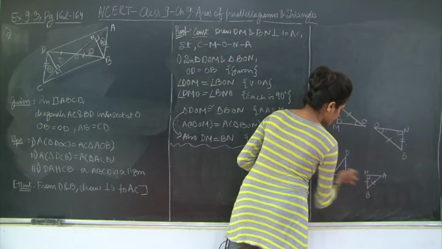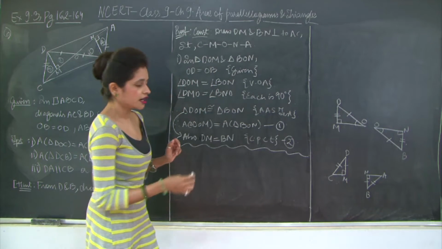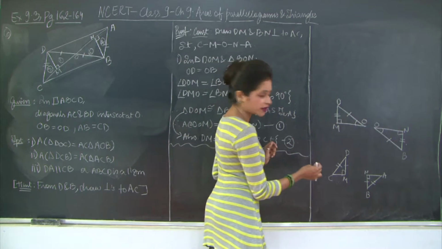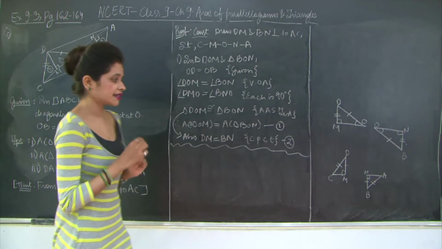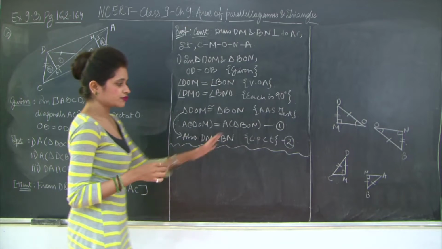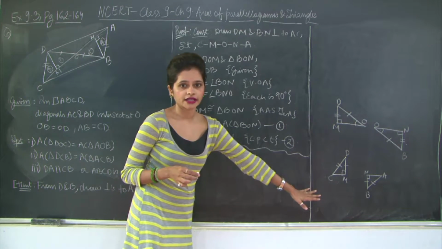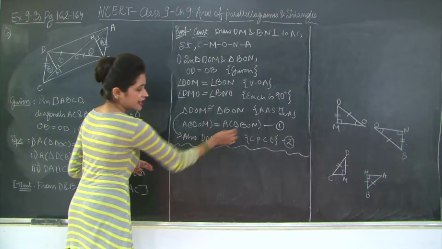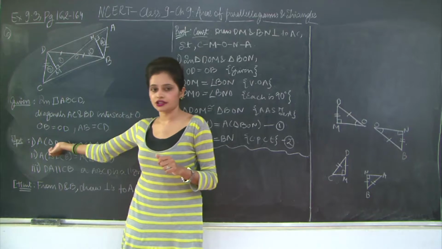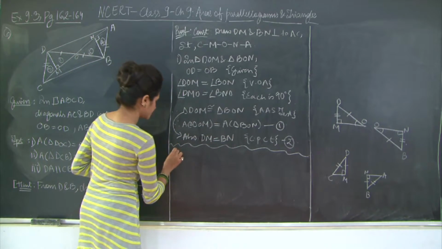This is already given, right? And this is a right angle. Therefore, through right angle hypotenuse test, what can I say? That these two triangles are congruent to each other by RHS test of congruence. So once you prove that these two triangles are congruent, you can say that the areas of these two triangles are equal. You will add these to this and prove the first section out here. So let's go ahead and prove the two triangles congruent first.